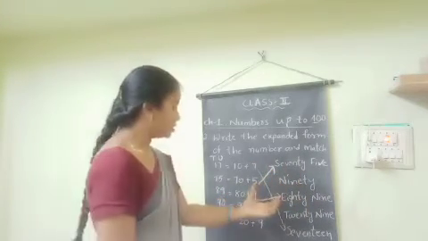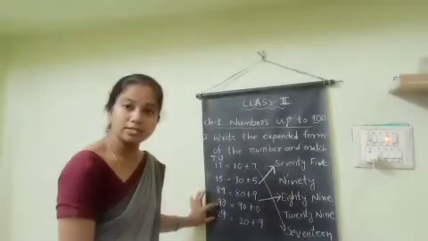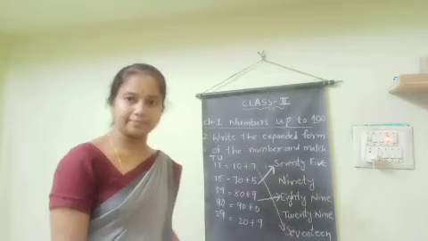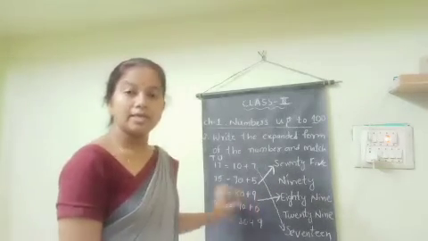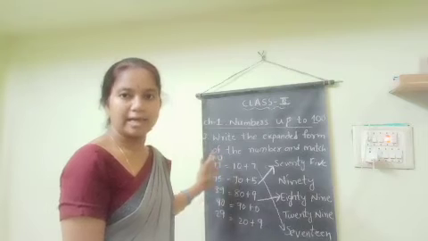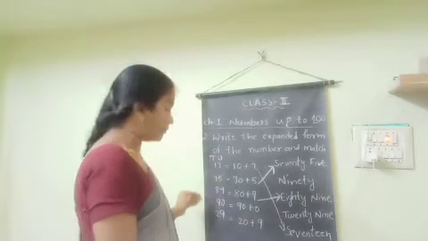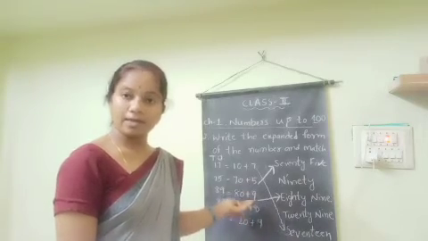Okay children. So next, what is the next number? 90. 90 means, is it 9 or 90? Yes, this is 90. Why? 9 is at the tens place. When you find the expanded form, what will you get? 9 tens are 90.